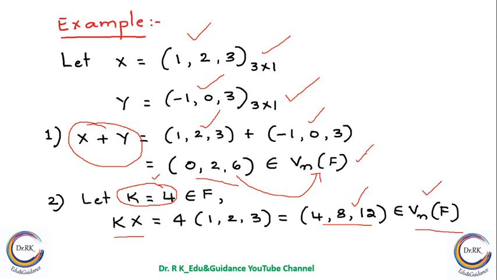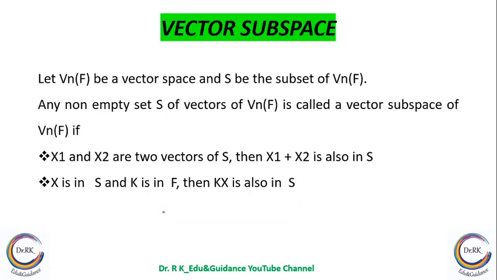That means vector addition is closed, and scalar multiplication is also defined. Therefore this is called a vector space. It is very important to understand the definition as well as an example associated with it, since in most exams they will ask for it.